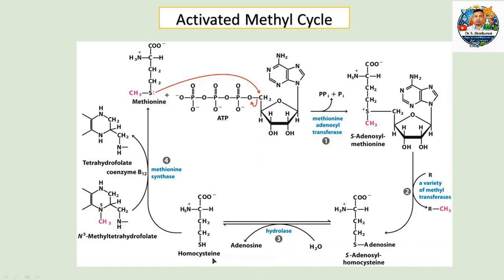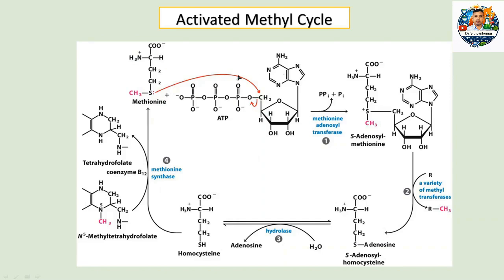So methionine is regenerated from homocysteine through the methionine synthase enzyme, in which N5-methyl tetrahydrofolate is the methyl group donor. This methyl group is now transferred to this sulfur, and in this way the methionine is regenerated.